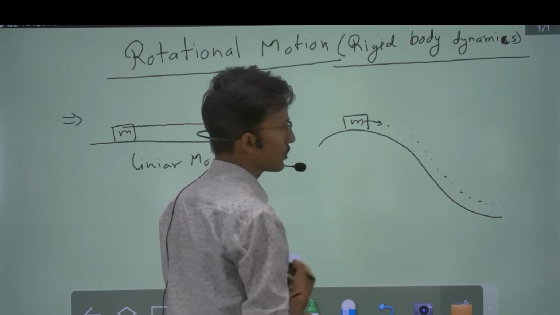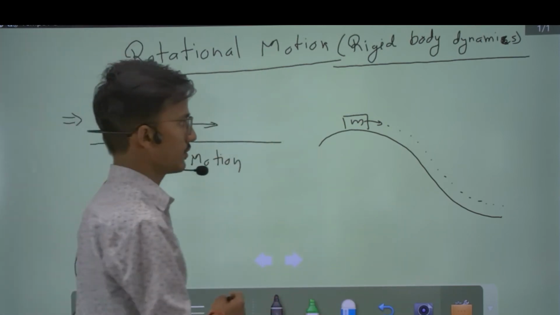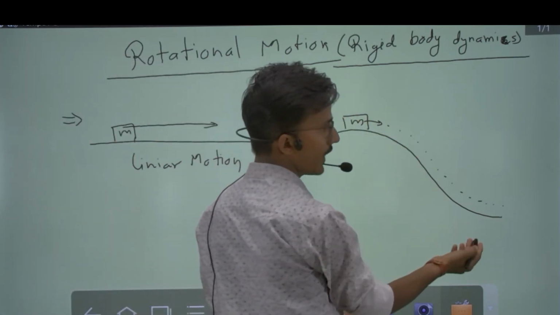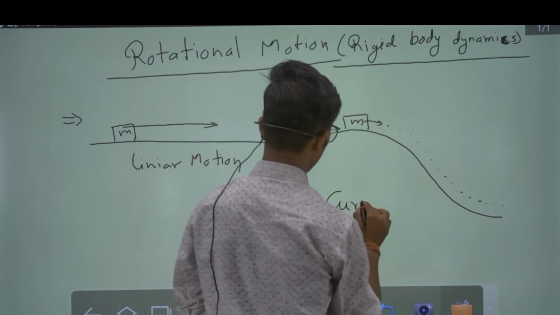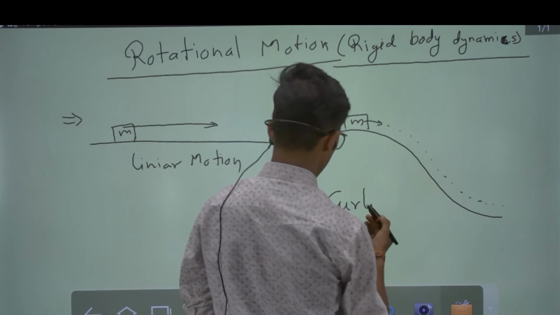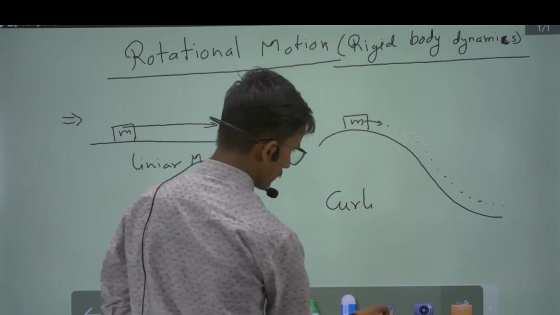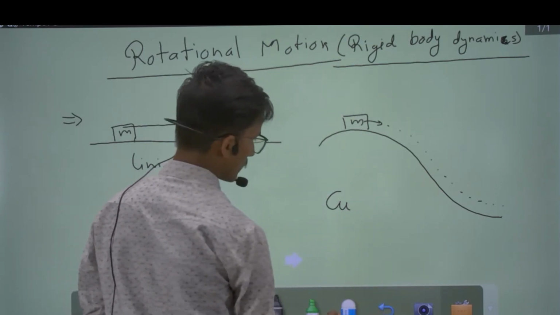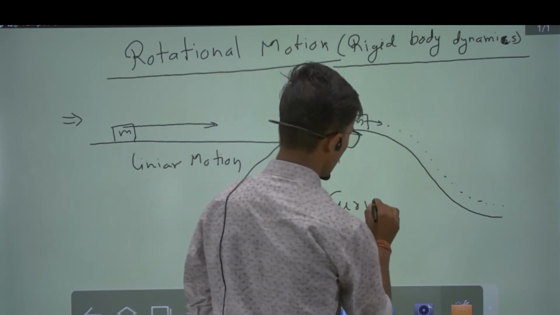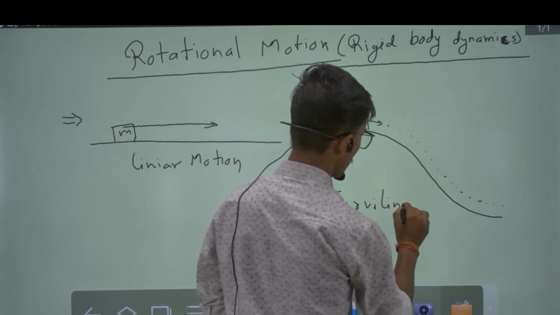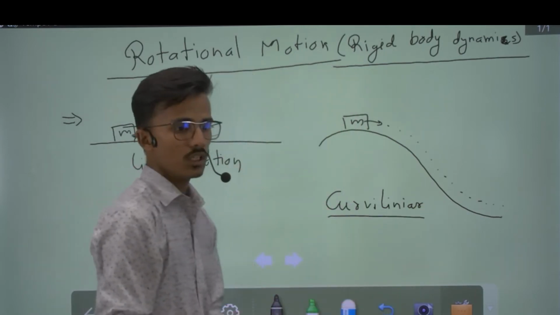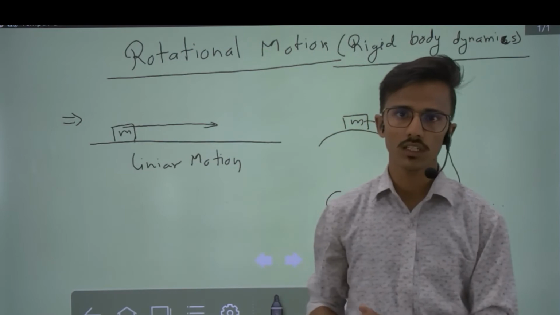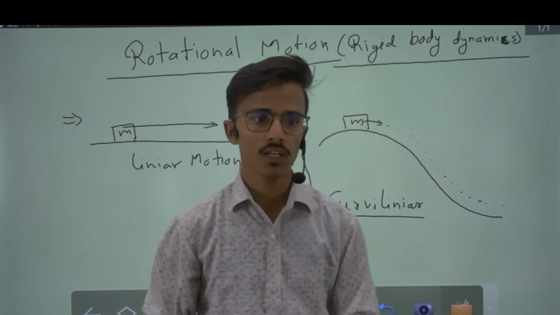This motion is known as curvilinear motion, because it's in a line but the line is curved. These two motions are the types of translation motion.